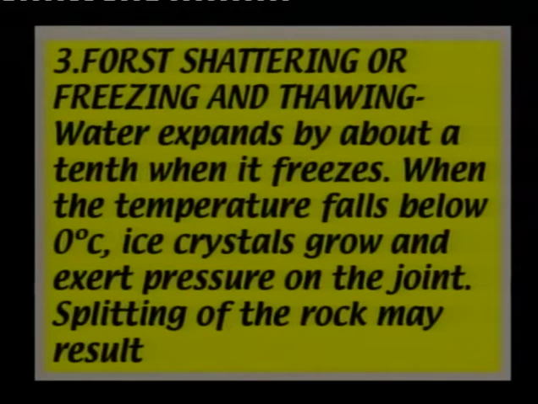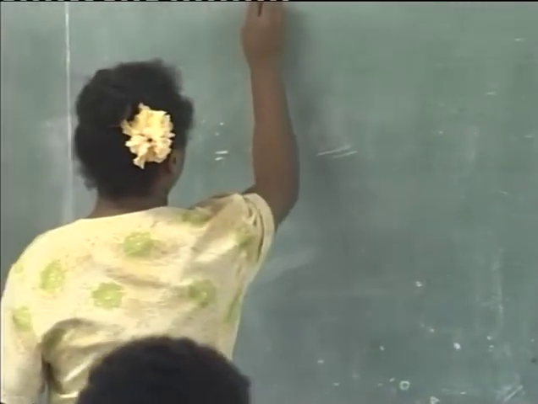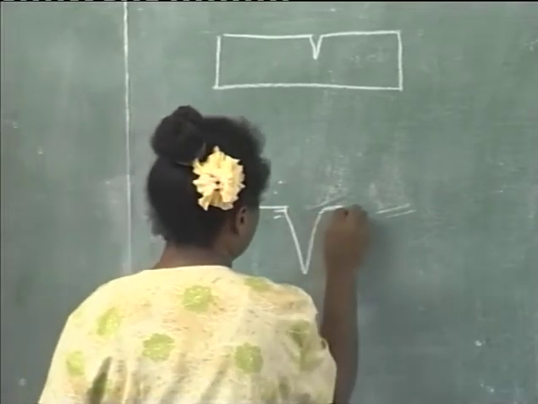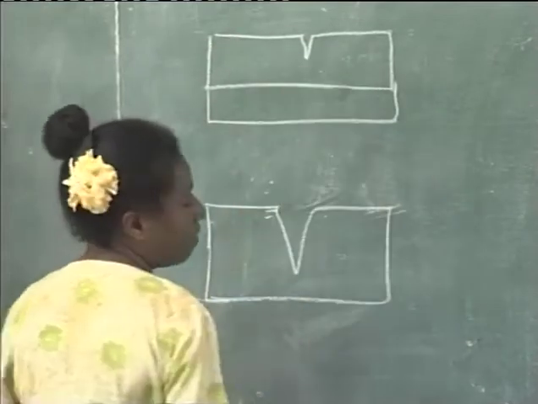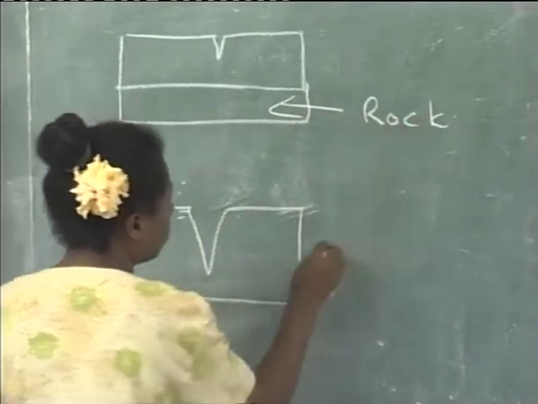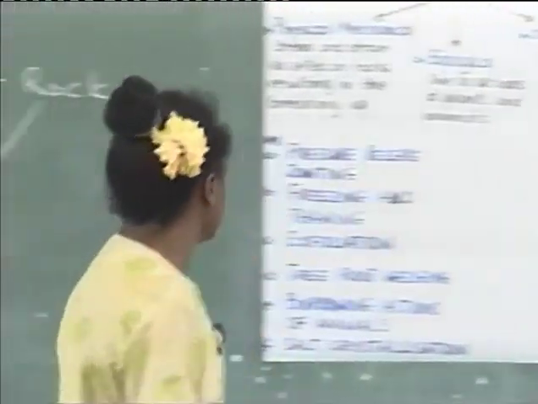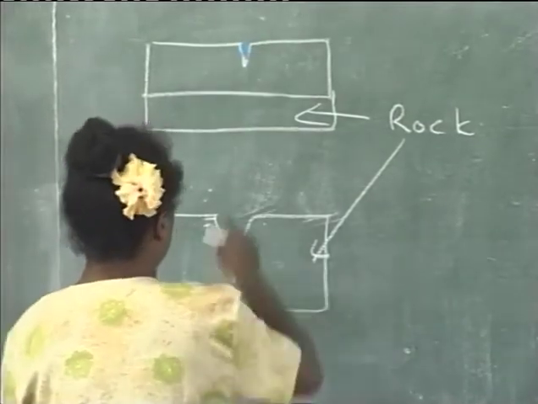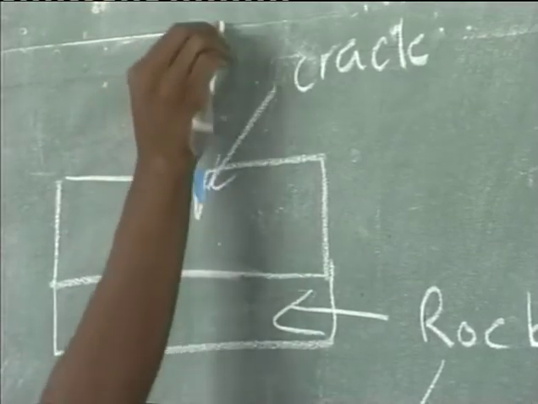If we had to look at a diagram to illustrate that, okay, we have a block here. Maybe we have a block of rock exposed. Water gets collected in the cracks. So this here represents cracks.